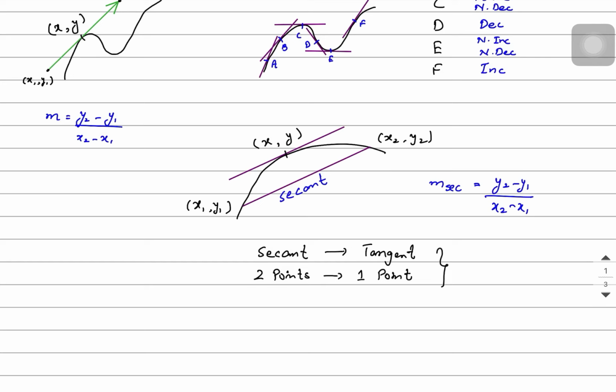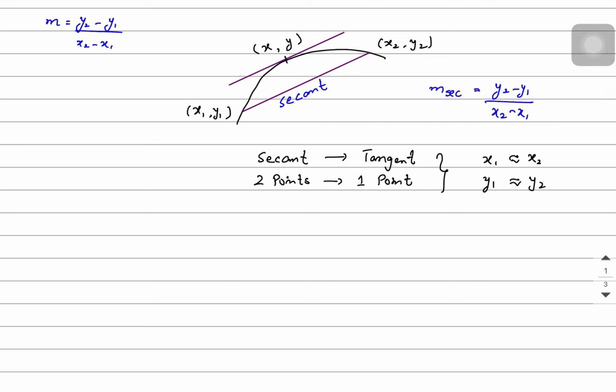To make this process happen, we are going to close them. We are going to take x1 and x2 very close to each other. So I would say that x1 is nearly equal to x2 and y1 is nearly equal to y2.